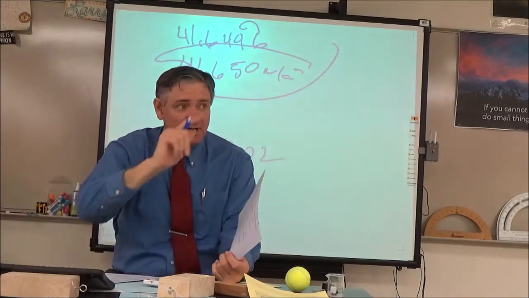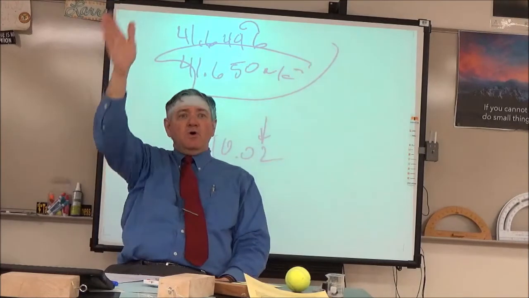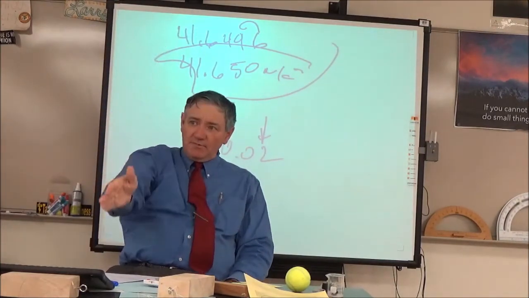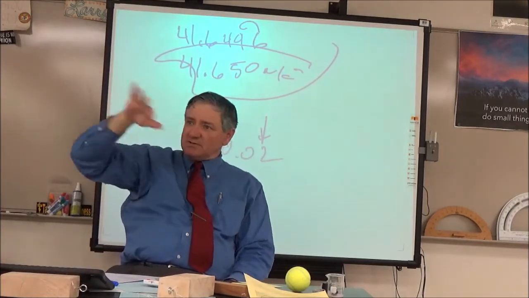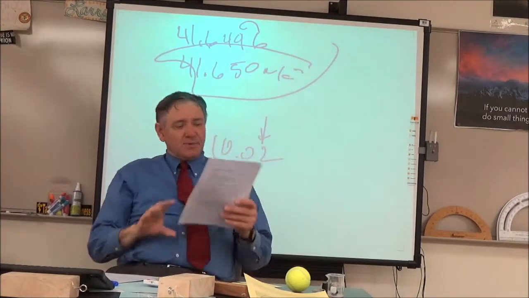Put a mark and say, that's my least precise place value, which means I'm going to round this answer to the hundredths place. So plug those numbers into your calculator, and round that to the hundredths place.